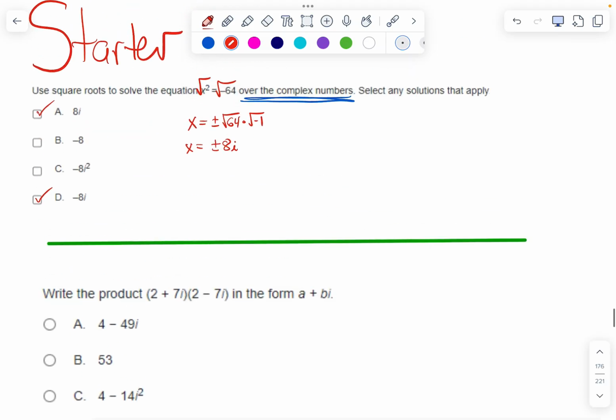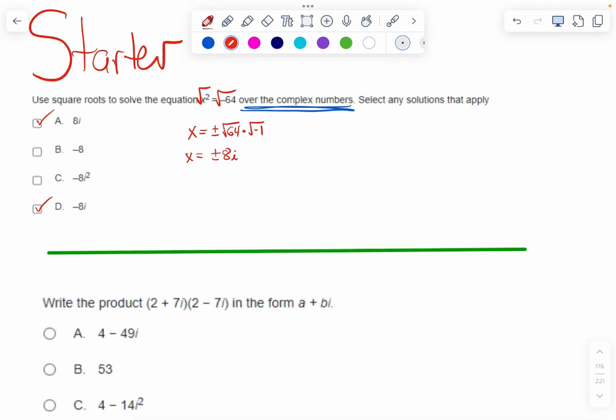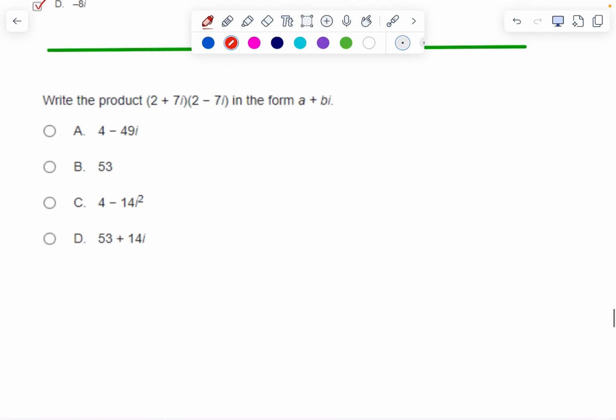So by the way, this warm-up covers what we did last week on complex numbers in some sense. So the top, that's solving, which it definitely gets more complicated than that. You've seen that. And then this is operations, specifically multiplying.